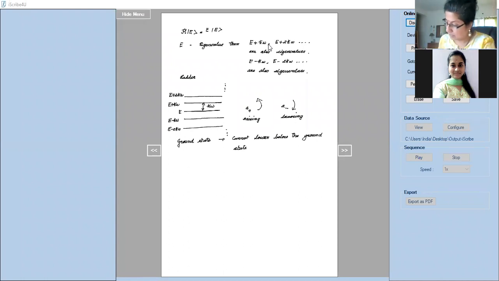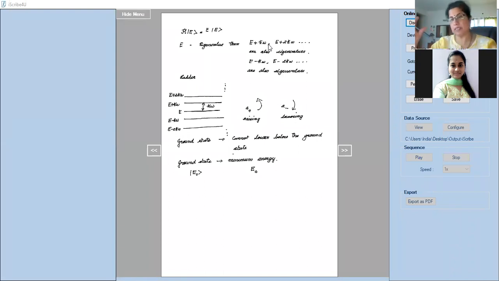So let us imagine that the ground state, as somebody very correctly said, is associated with the minimum energy. Minimum energy means you cannot go below that. So we'll call this minimum energy E naught or E0, and the ground state will become this.